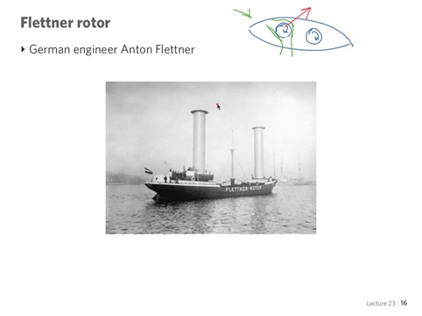Maintaining the sails of a sailboat is a lot easier than maintaining all of these complicated mechanical bits and pieces associated with this ship. So the only reason it failed was economical. But in terms of innovation, it's a pretty clever design. So this explains how circulation added to a parallel flow can explain the force of lift.